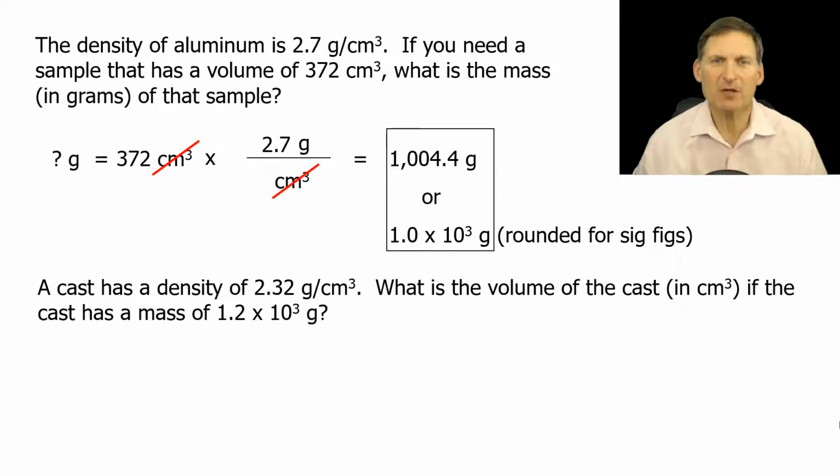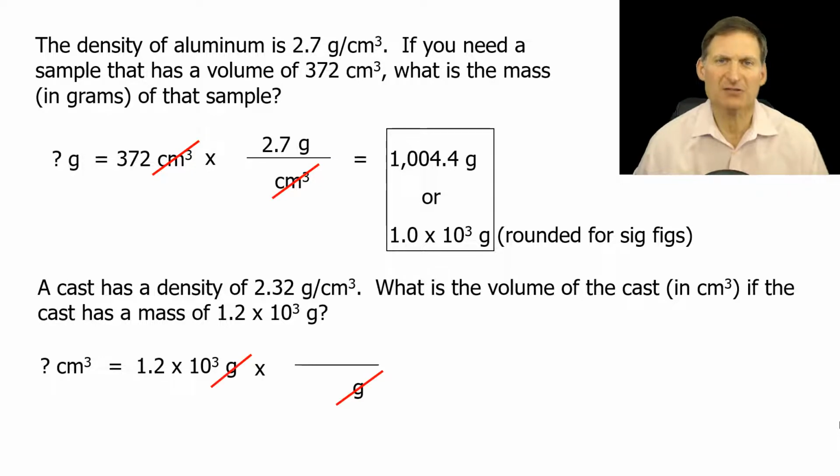In the next problem, we need to solve for volume, in particular centimeters cubed. Like before, first clarify we need to head to centimeters cubed. Then start your calculation with the given mass, followed by your conversion factor. This time we put grams on the bottom because that's what we want to cancel. Then centimeters cubed goes on the top.